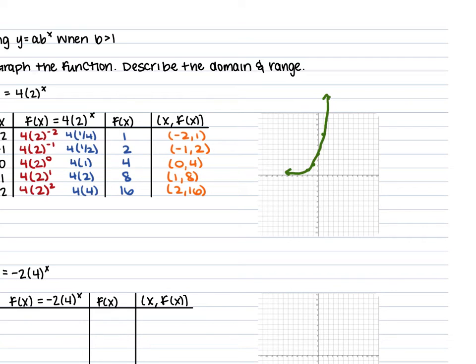So your domain, which are your x values, is just all real numbers. Your range are the y values that are being covered. So this is where your asymptote plays a factor in. We said that in this case, that line will not cross past that x-axis, so we'll never go below it, which means your y values have to be greater than that x-axis. Where is that x-axis on your y-axis? At 0. So y has to be greater than 0.